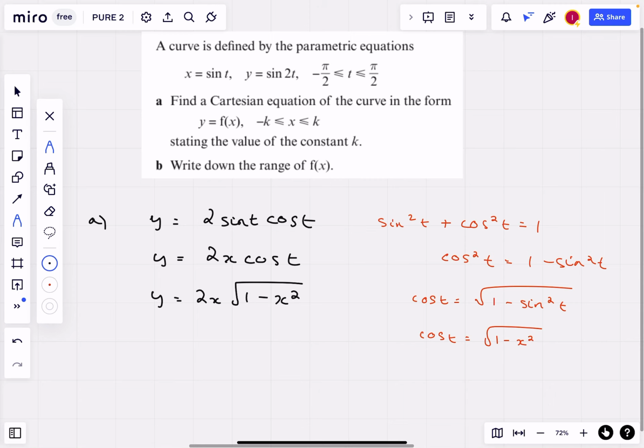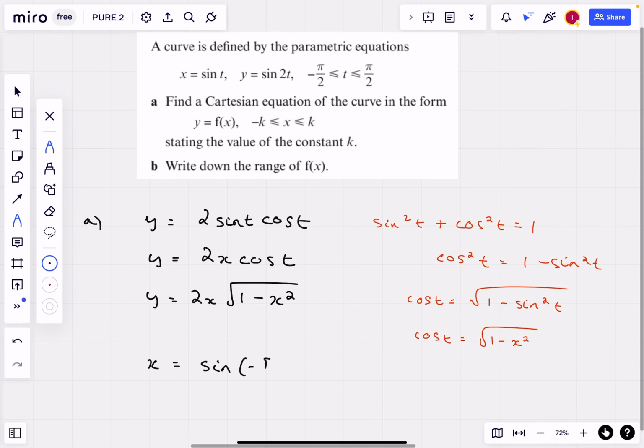Okay, now you need to find the values of k. They've given you the values of t, so the range of values that t can take. You need to find the range of values that x can take. So you're going to plug in your two extremes for t into x.